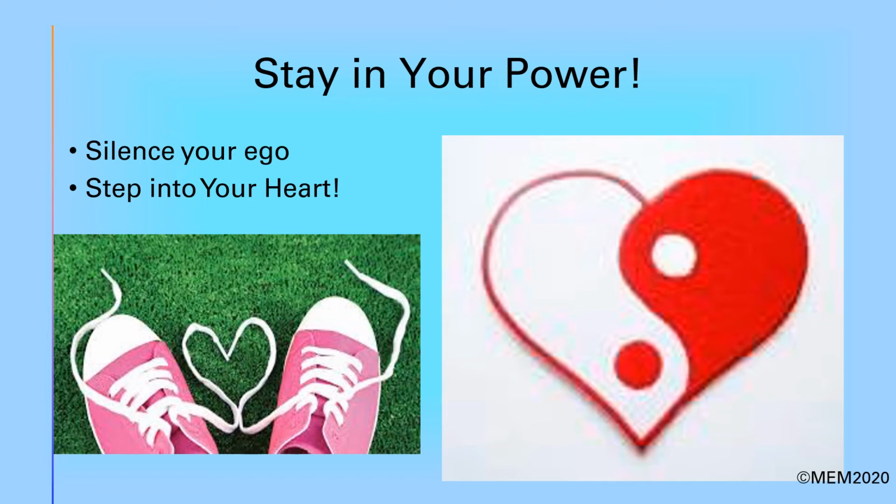Now, we do need our ego because it does help us discern things. And we do need that for a lot of feeling proud and pride and getting us through daily life, but we don't need it controlling us and just controlling all the time up here.